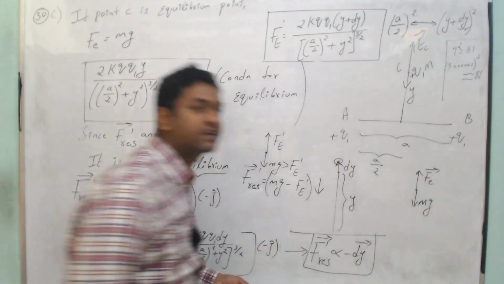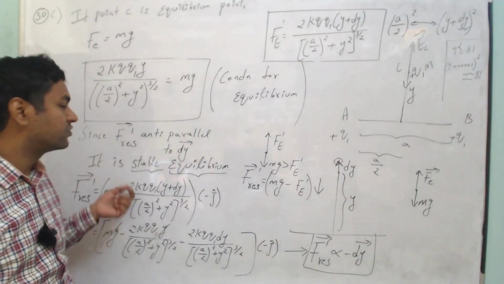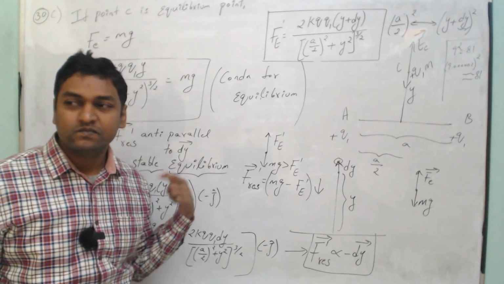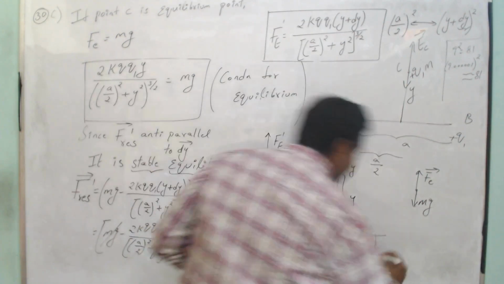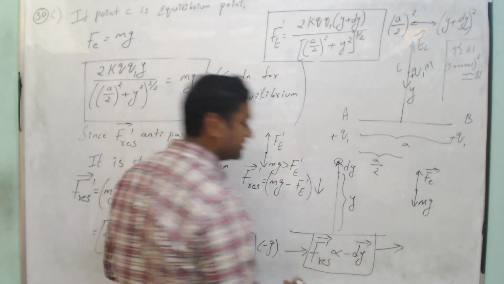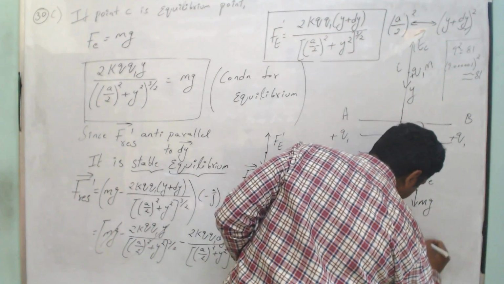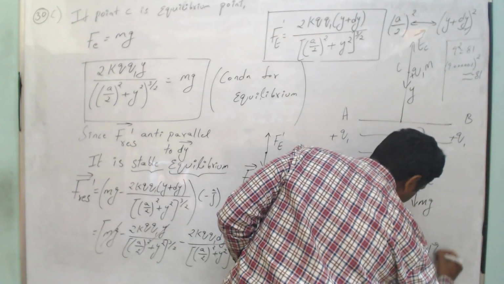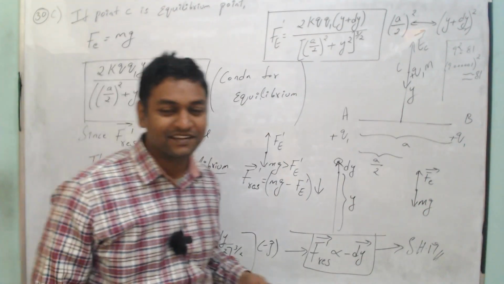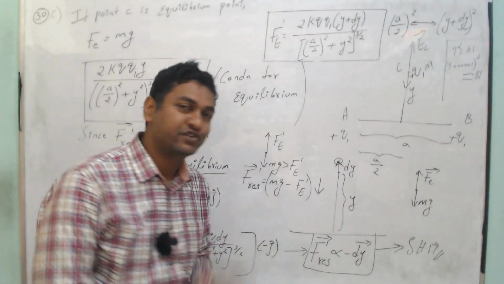So when I said that we are going to study the nature of this equilibrium, whenever F is proportional to minus dy, we write it as SHM, simple harmonic. Is this clear? Understood?